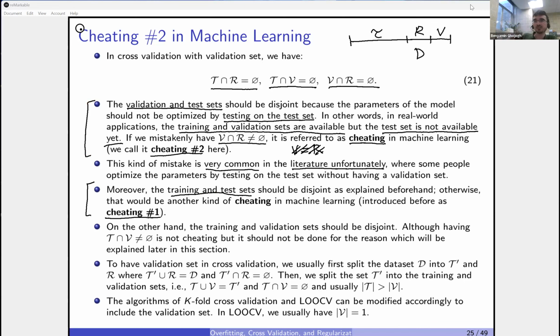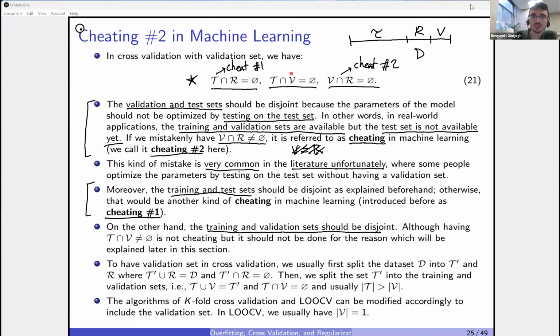Either you use test in your training or you use test in your validation. On the other hand, the training and validation sets should be disjointed. So I'm justifying these 3 things in equation 21. So this is for cheating number 2. This is for cheating number 1.